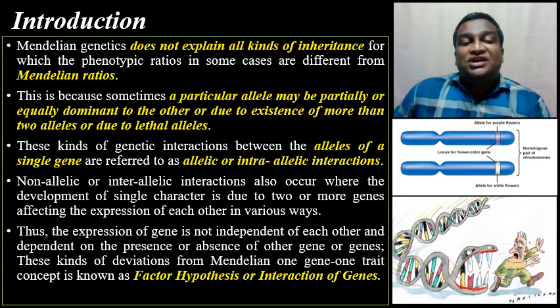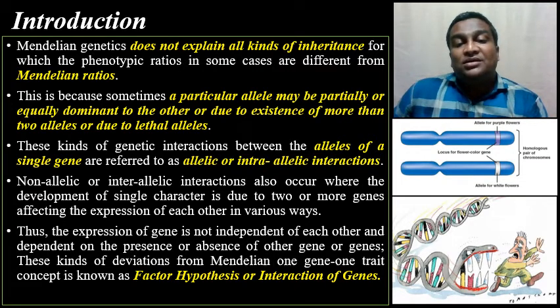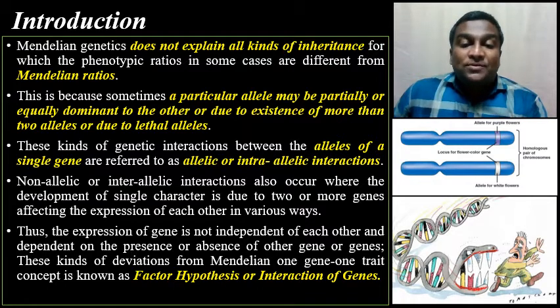These kinds of genetic interactions between the alleles of a single gene are referred to as allelic or intra-allelic interactions. Non-allelic or inter-allelic interactions also occur, where the development of a single character is due to two or more genes affecting the gene expression of each other in various ways.